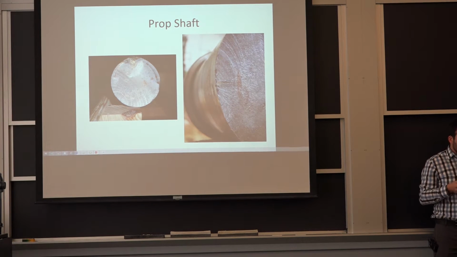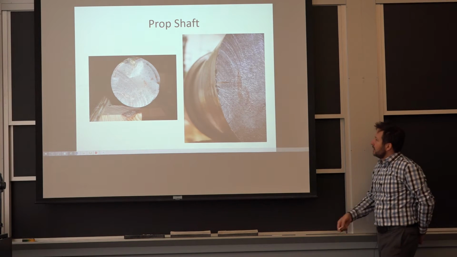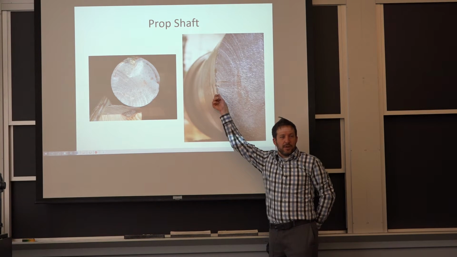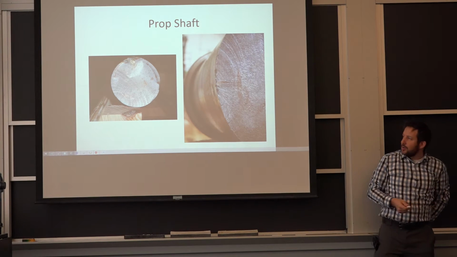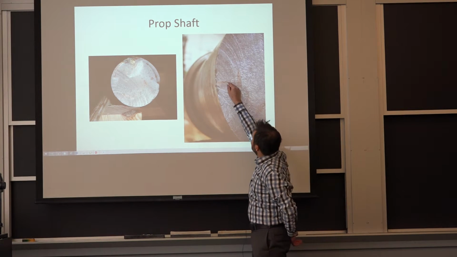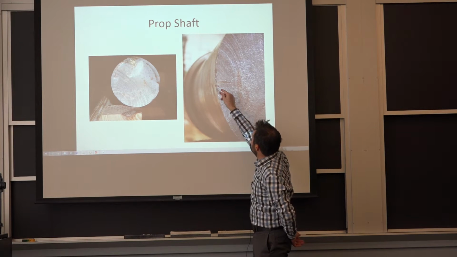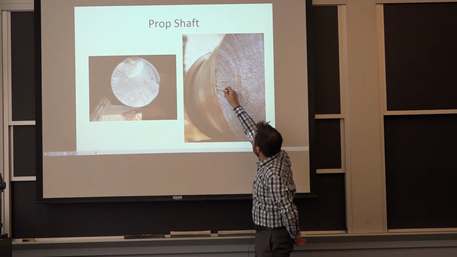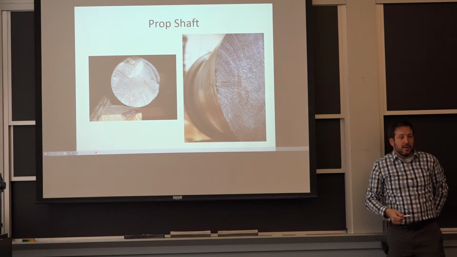So in this case, we have one initiation site. So definitely something was wrong over here, because otherwise we'd have many initiation areas. So it's one initiation, and you see the crack propagation lines. They're a little bit like sun rays. They radiate from where the crack started. And over here, there was a little notch. There was a surface damage, which is very, very common.